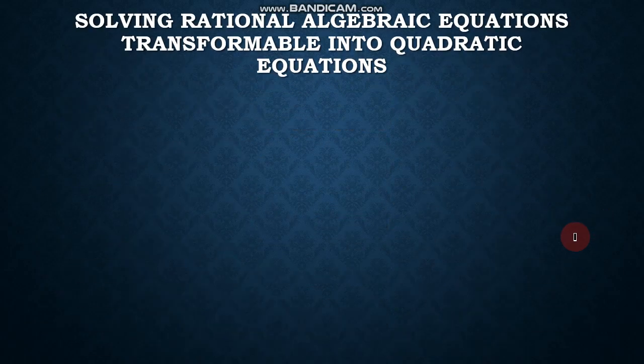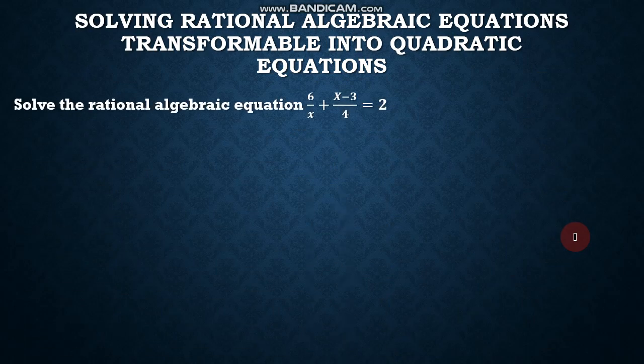Okay, let's proceed to solving rational algebraic equations transformable into quadratic equations. Solve the rational algebraic equation 6 over x plus (x minus 3) over 4 equals 2. The given rational algebraic equation can be transformed into a quadratic equation.